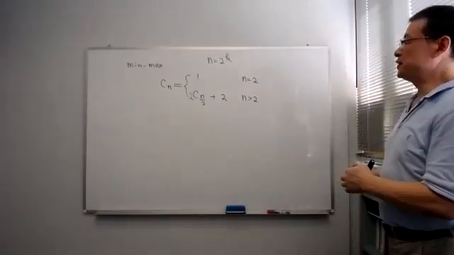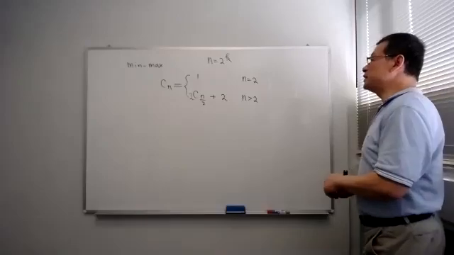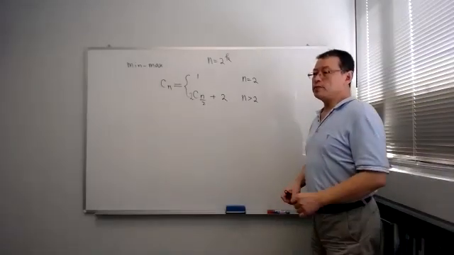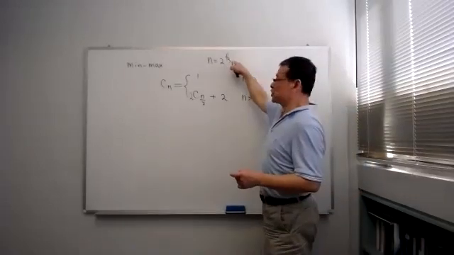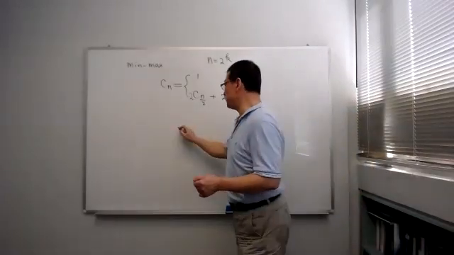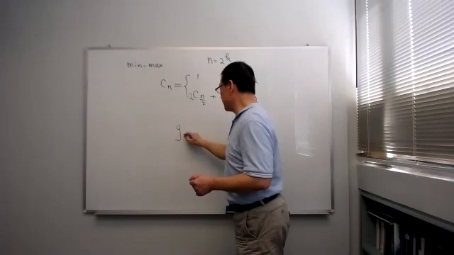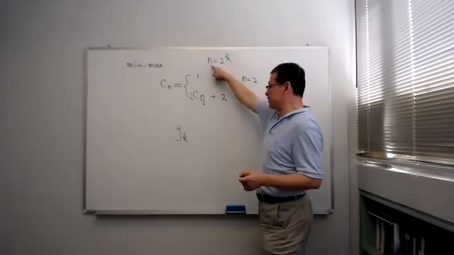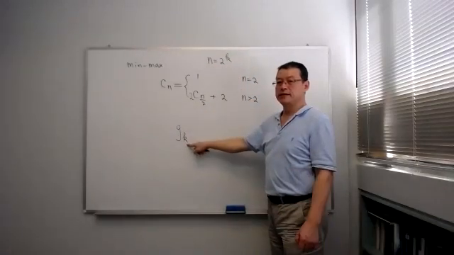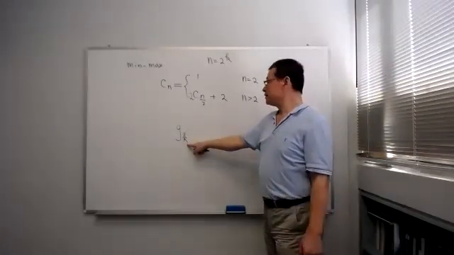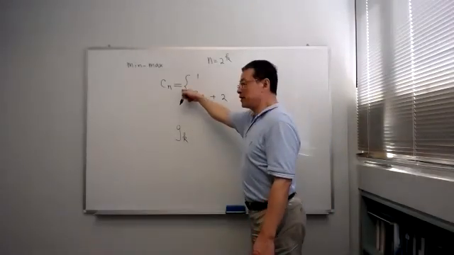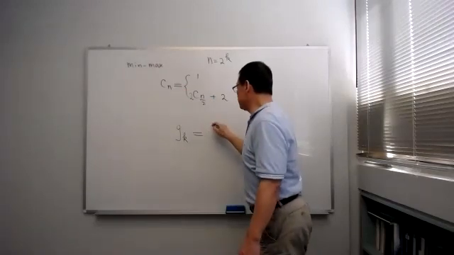One way to deal with this type of recurrence is to transform it into a different recurrence. Because here n is a power of 2, we define a new function, maybe g, based on k instead of n. So from here we get the recurrence for g(k).